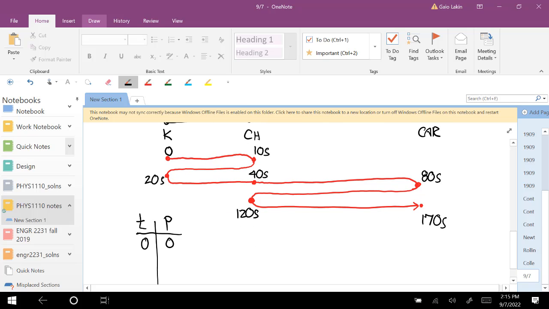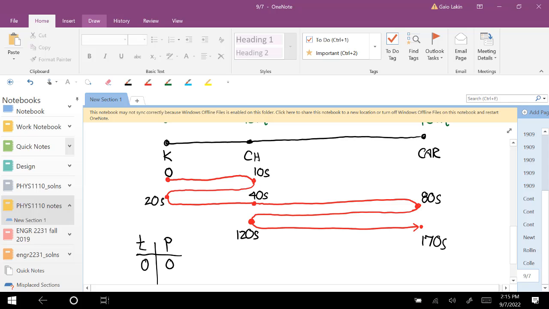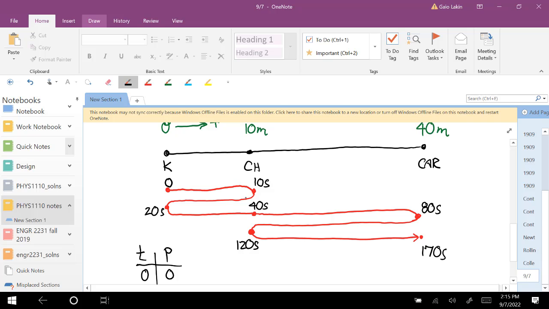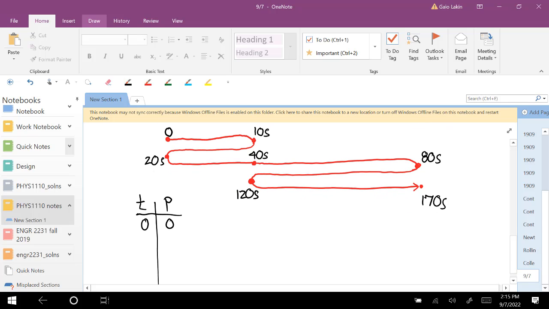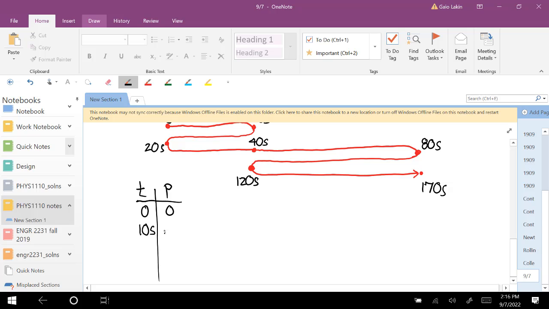That doesn't always have to be the case. We'll do an example where you don't start at 0 time or 0 position, but that's what it has to be in this case. At instant 2, the time is 10 seconds. And what's the position? Ten, yep. Anybody have any questions about that?